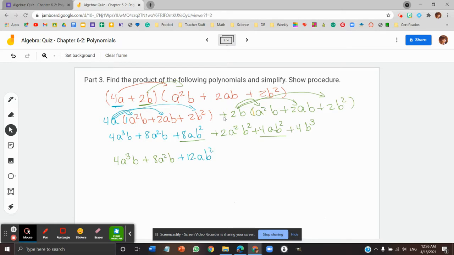I'll do everything else in the other color. Oops, that's an ugly 4. There we go. And that would be my answer. The only thing I could do was just combine two terms together. And that will be my answer.